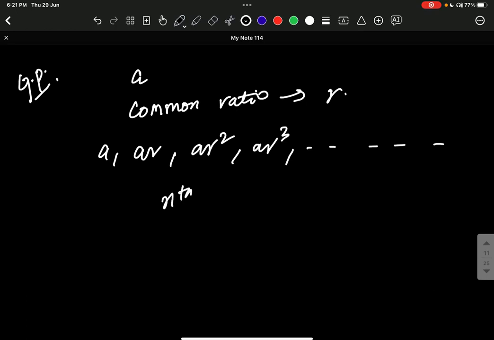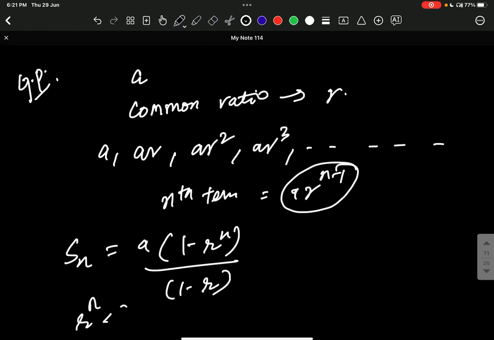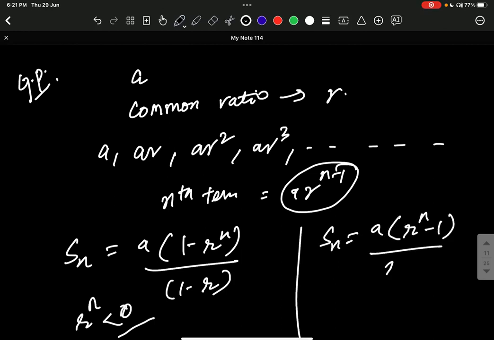For calculating the nth term, it is AR^(n-1), and the sum could be calculated as S_n = A(1 - r^n)/(1 - r) when r is less than 1. Likewise, S_n is also calculated as A(r^n - 1)/(r - 1) when r is greater than 1. So this is how you can calculate. Okay, so I think you have understood the basic idea and you're getting the things.